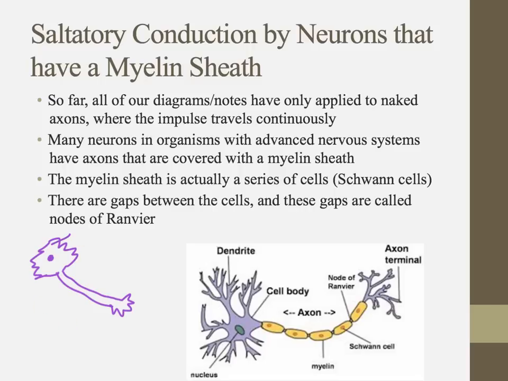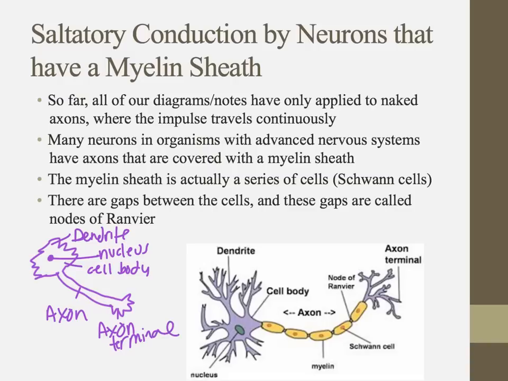So again, we've got the dendrites, the nucleus, the cell body, the axon, and the axon terminal. But we don't have any of these Schwann cells to make up the myelin sheath like a myelinated neuron would.